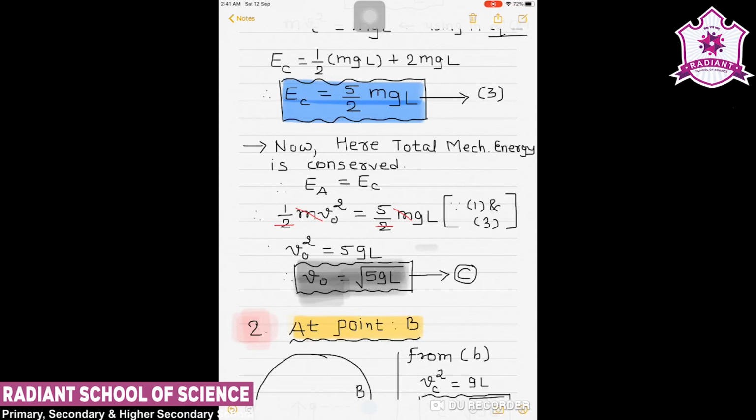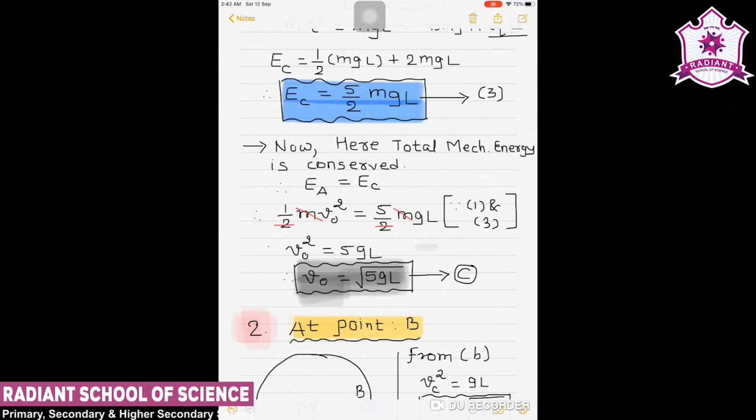From this, v0 equals under root 5gL. So in this case v0 equals under root 5gL, that is the initial velocity experienced by the bob. So this was the first question.